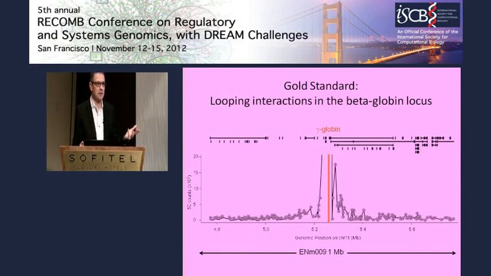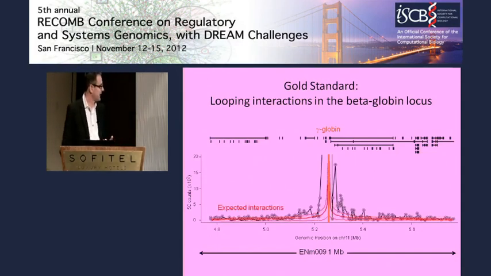What do we consider a long-range interaction? Well, we took the entire data set obtained for this particular cell type as a training set to learn what the general background function would be for a given transcriptional start site, which is shown in a red line over here with plus or minus 1 standard deviation.